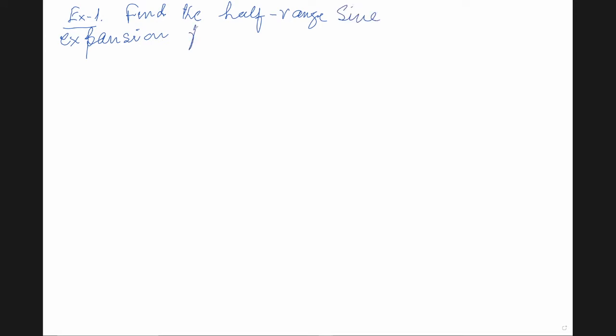Sine expansion for the function. What is the function?